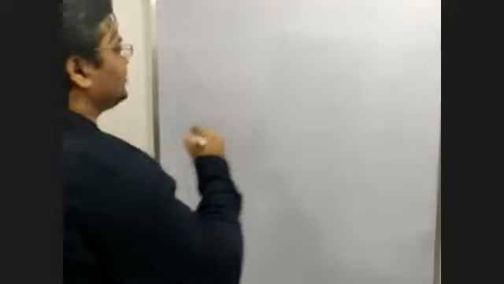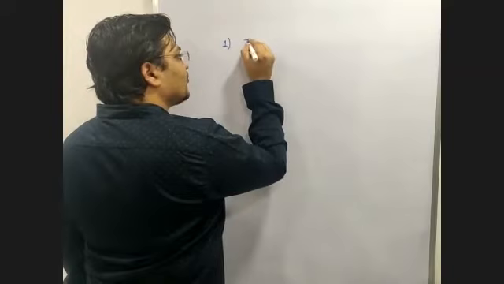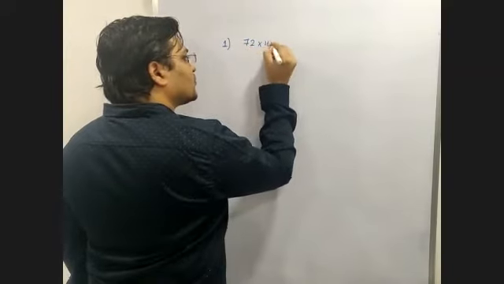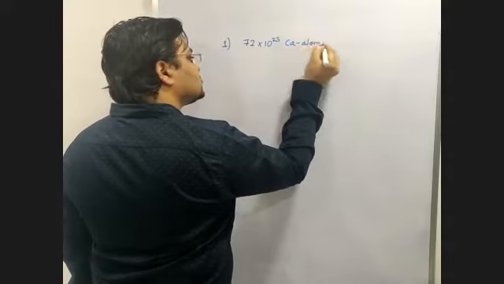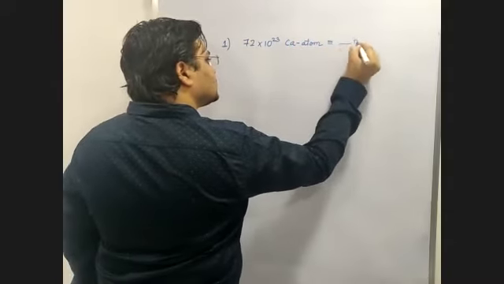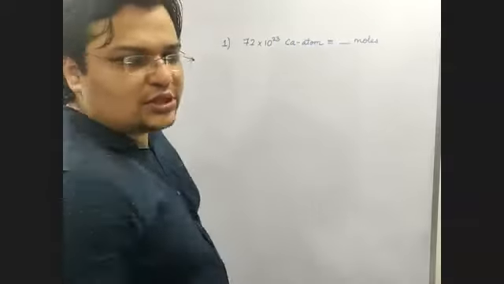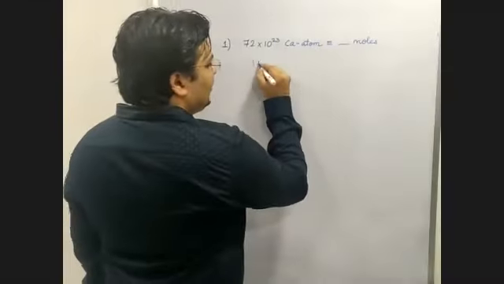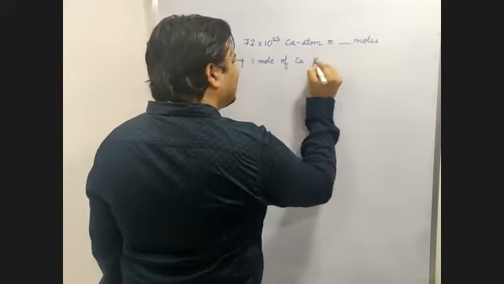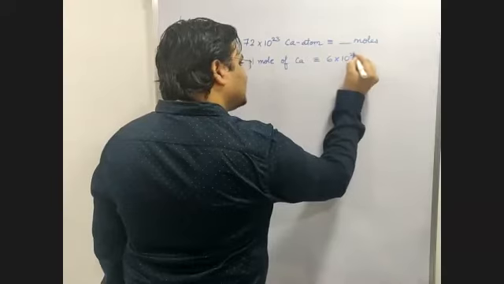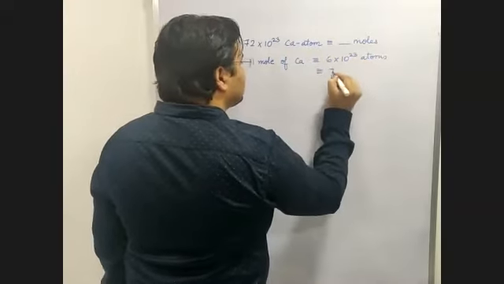Okay, first question. How do I go about this? Can I say 1 mole of any atom is 6 into 10 to 23 atoms? Now they have given us the atoms.